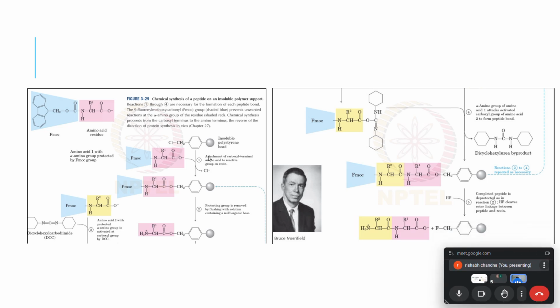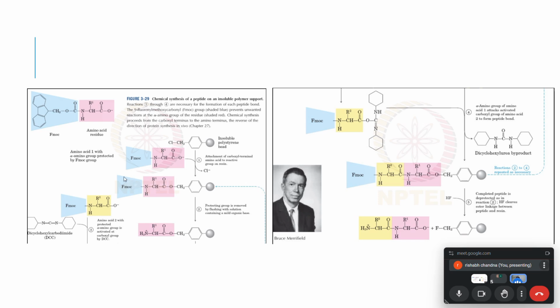Here is the FMOC that has the residue, and FMOC is attached to the nitrogen atom of the peptide bond on the alpha carbon chain. It is attached to the insoluble, that is the solid phase matrix bead. Once this FMOC-protected first amino acid is attached to the matrix, the protecting group is removed.